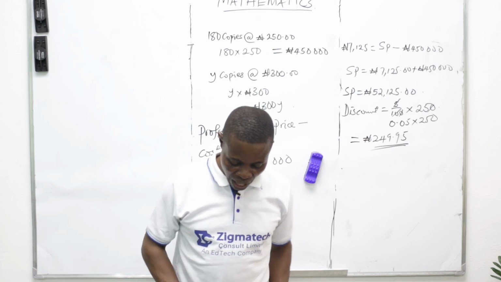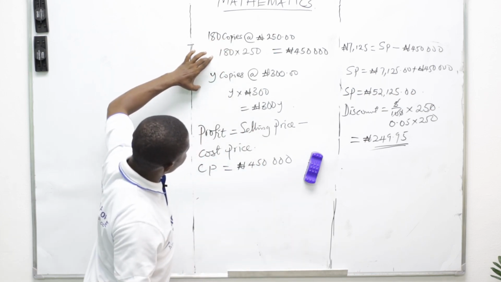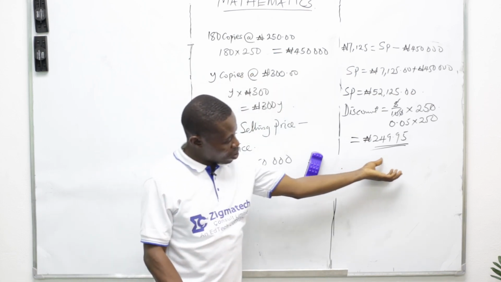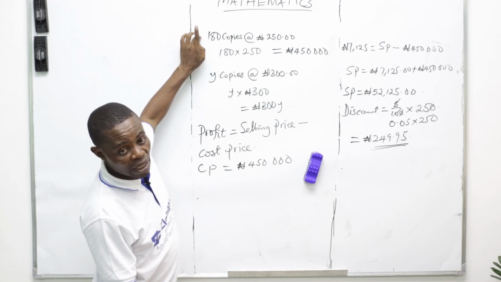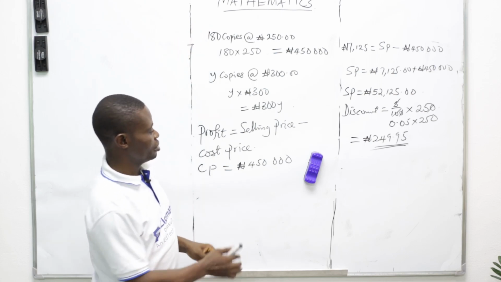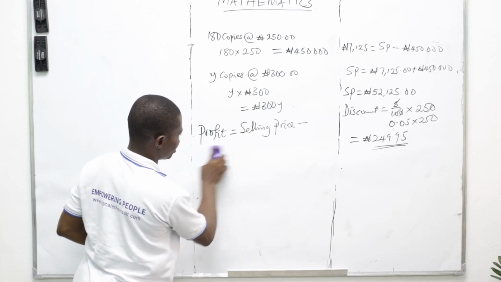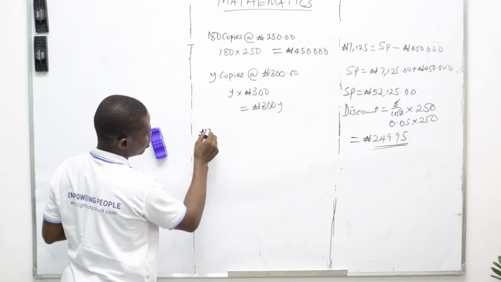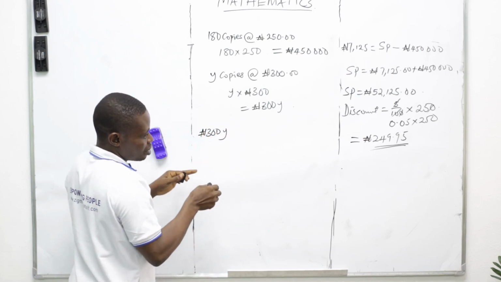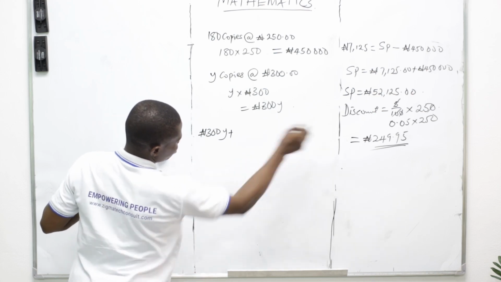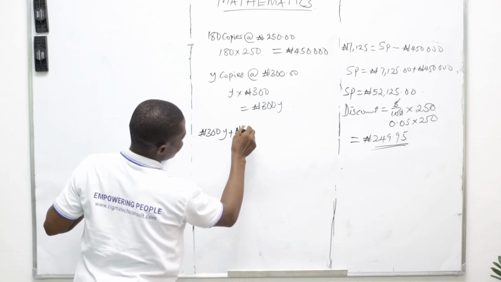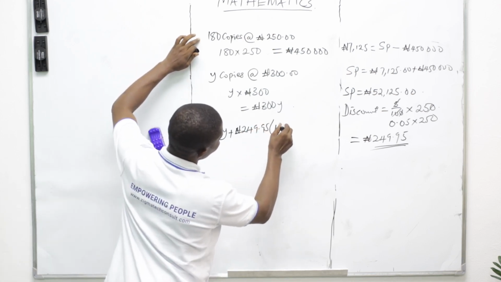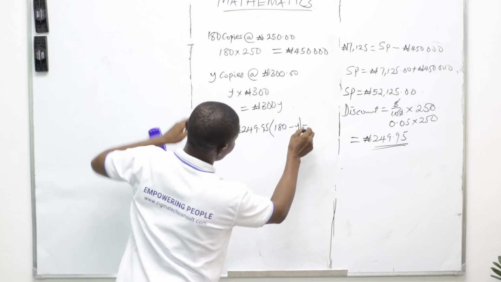That is our selling price: 300y plus the discounted amount into 180 copies minus y, because we don't know it, equals what?